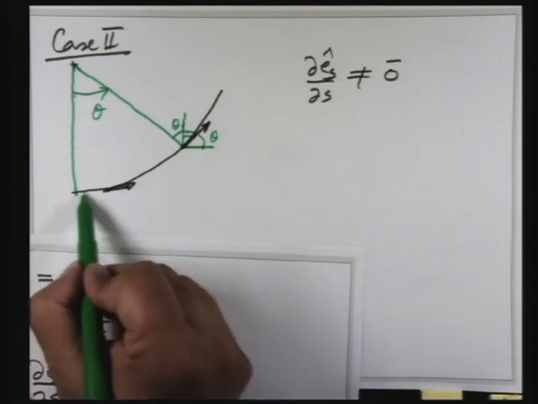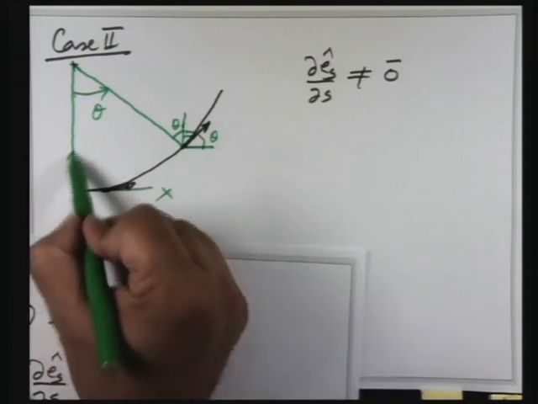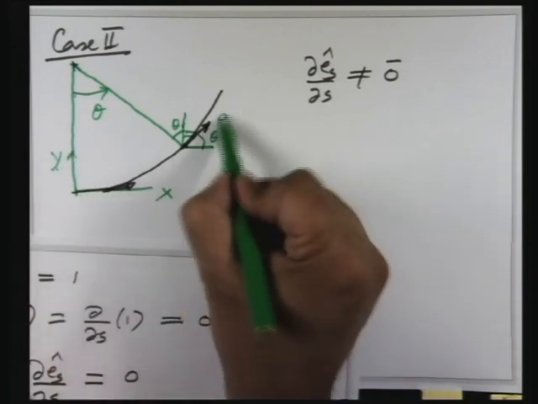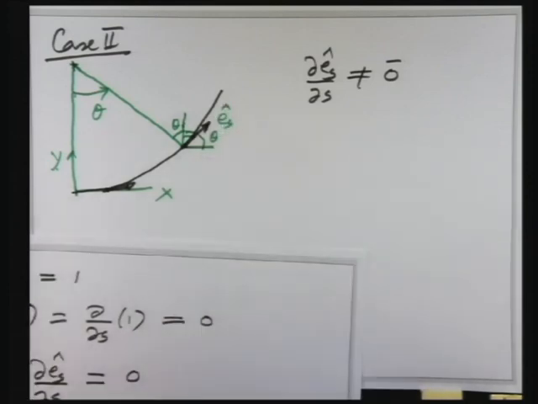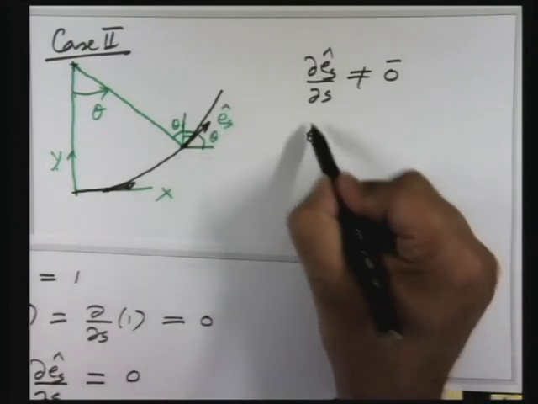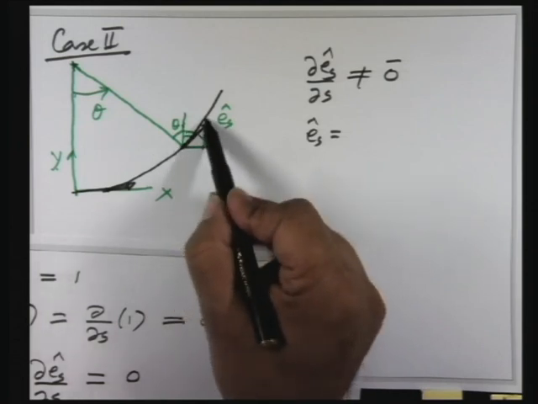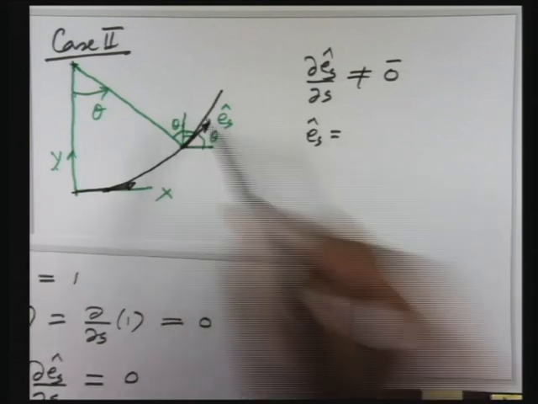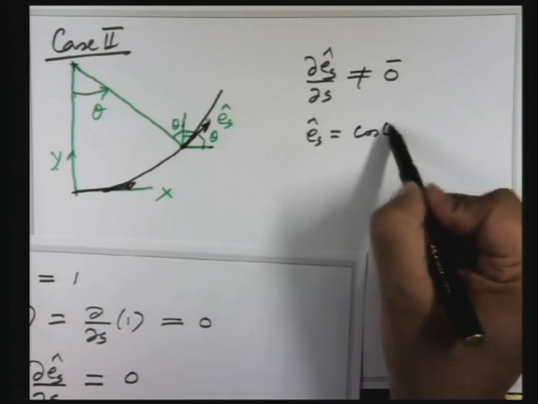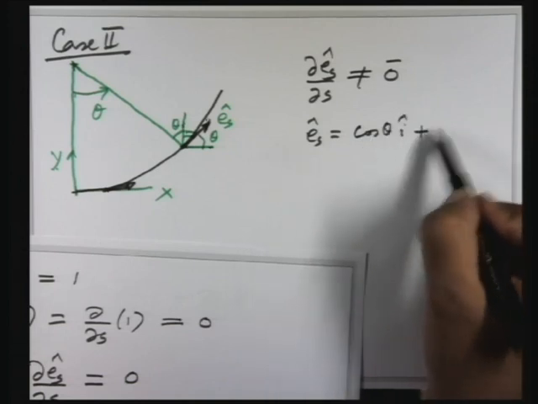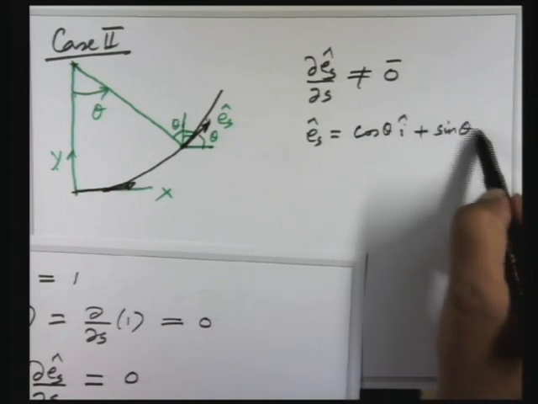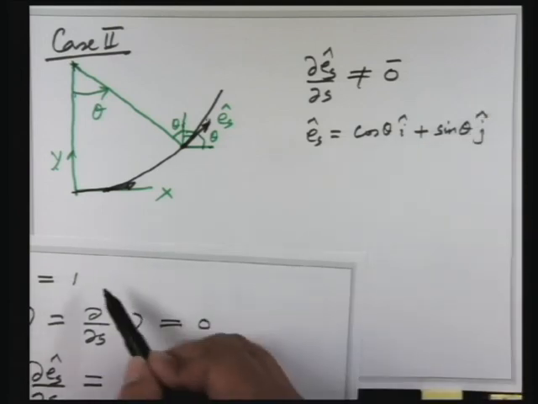Now if I take a coordinate system, say x this way and y this way, and this is es, then it will have a component in both the x and y directions. The magnitude is 1, so the x component is cos theta i, and the y component is sin theta j.